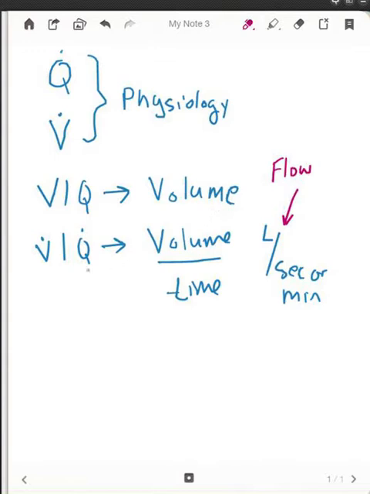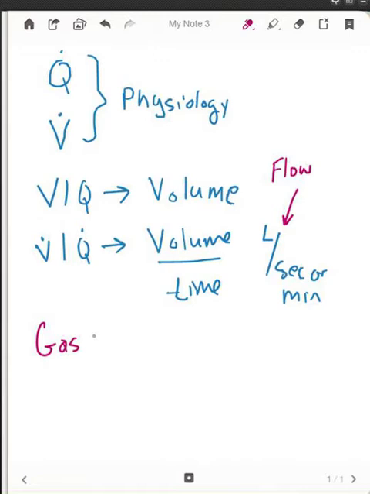This is just another way of talking about the flow of a fluid, and there are basically two types of fluid in the body that we talk about in physiology. We talk about gas. Gas is a fluid. It flows, so it can certainly be described as a fluid.